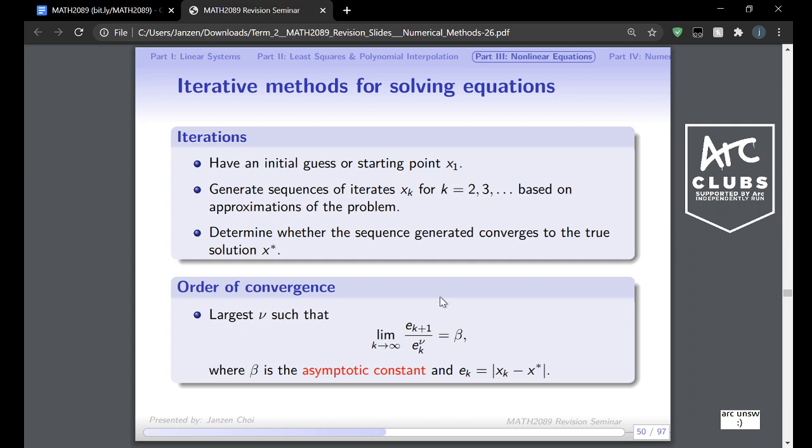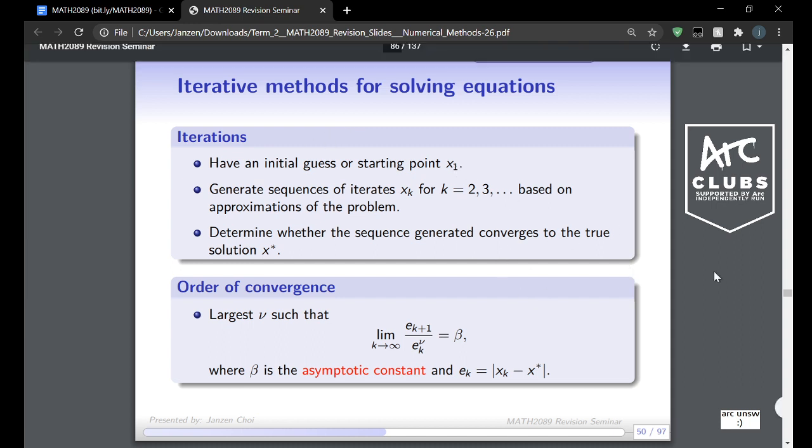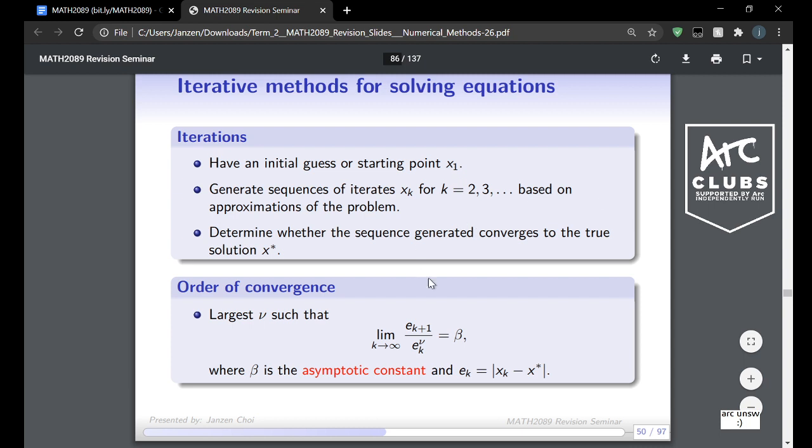So, iterative methods for solving equations. Because nonlinear equations can't really be solved through conventional techniques, we have to employ iterative techniques that use approximations that converge to the actual value.